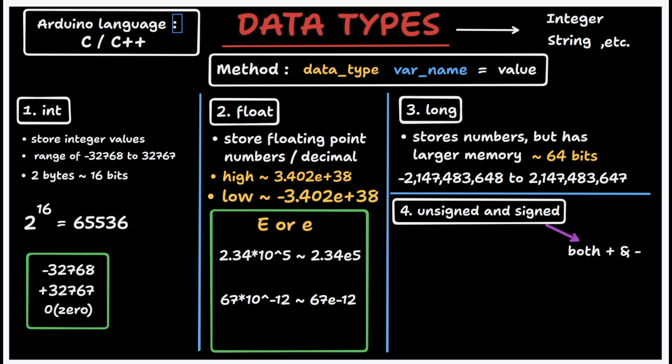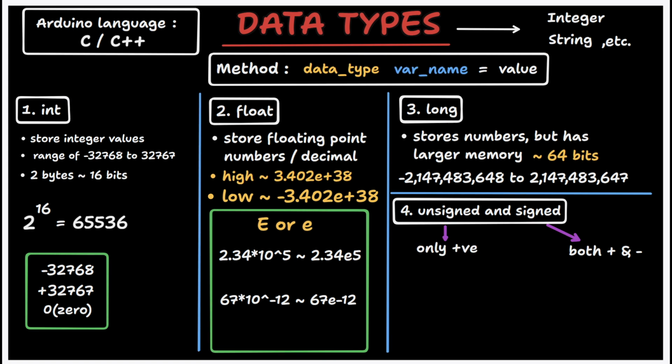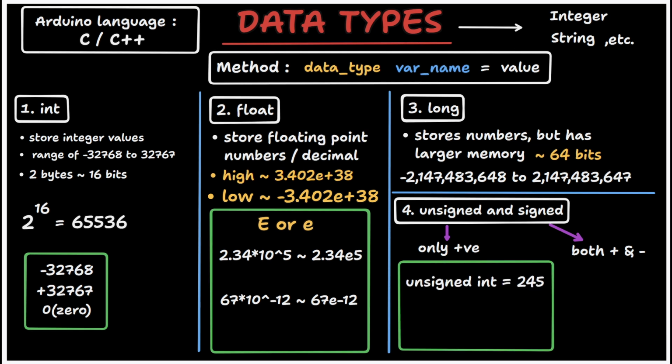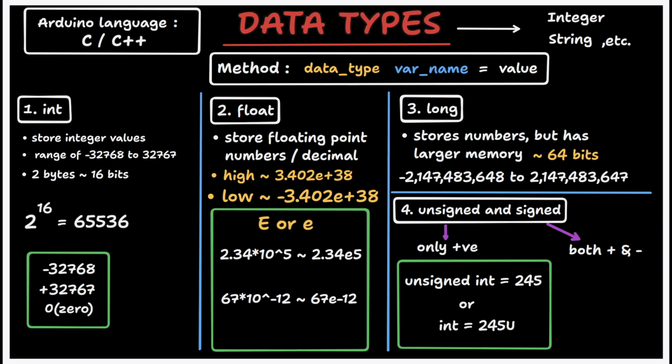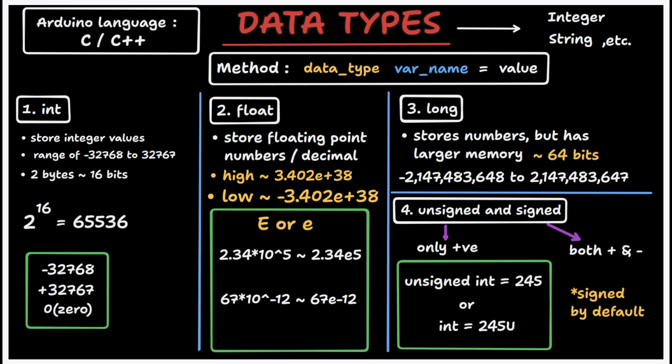Signed means it can contain positive and negative values, but unsigned means it can store only positive values. There are two ways to define a variable as signed or unsigned, either to use the keyword before the data type or add a capital U after the value for unsigned. By default, in Arduino, the variable is considered as signed if not defined.